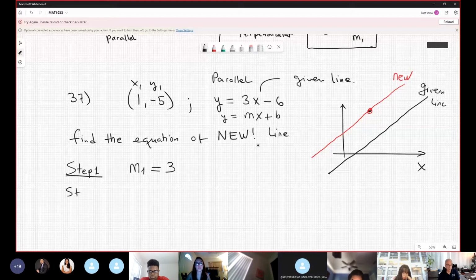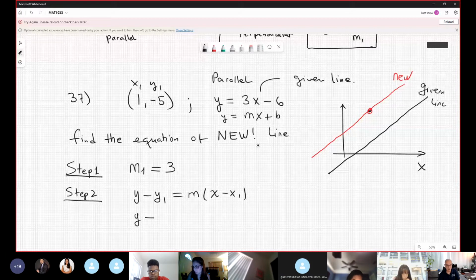And step 2. Bueno, step 2 is easy. It's similar to what we were doing before. It is using the point-slope formula, because we have the slope in hand, 3, and we have the point in hand, (1, -5). Plug it in. y minus y1, where y1 is -5, double negative.